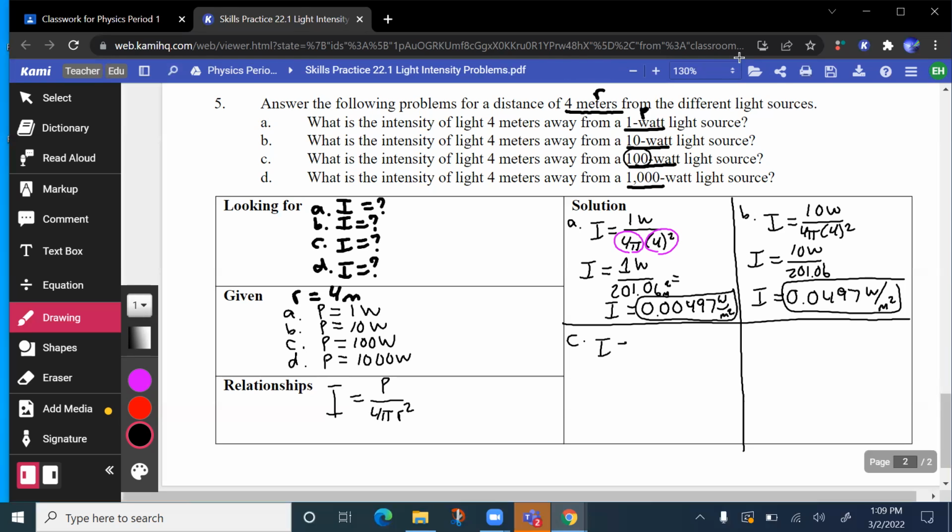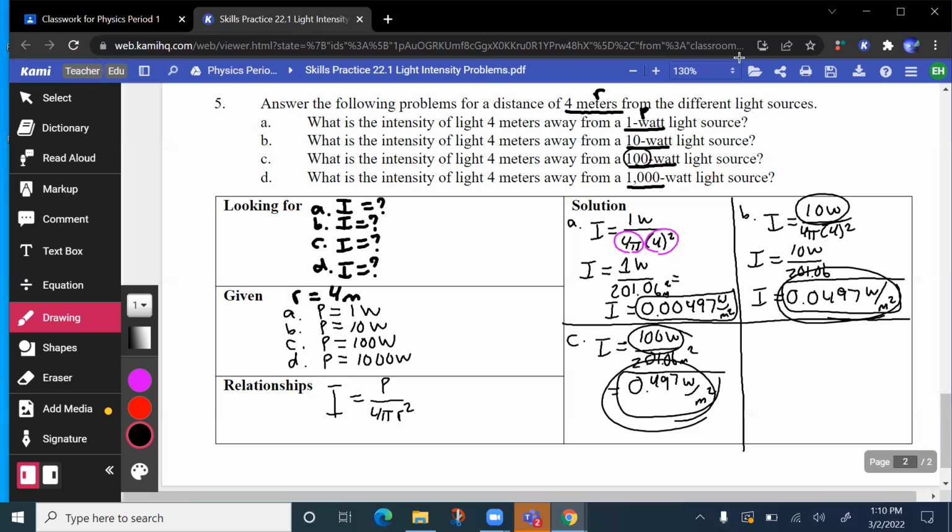So I would equal 100 watts over 201.06 meters squared. And what do you know? We get 0.497 watts per square meter. You can see that this answer is just 10 times larger than this answer because 100 watts is 10 times larger than 10 watts.